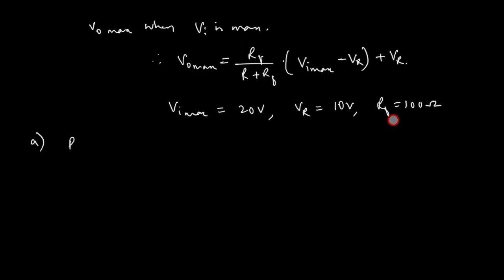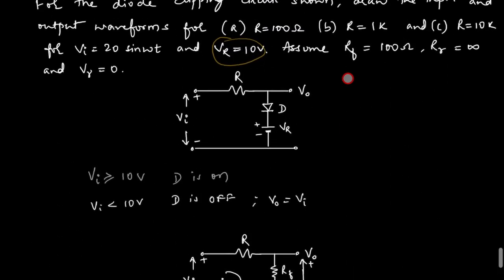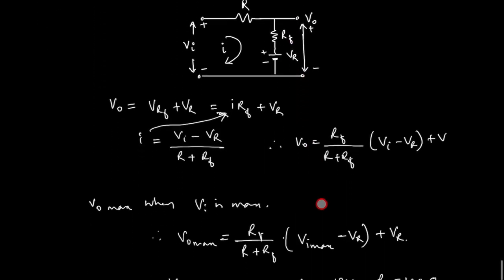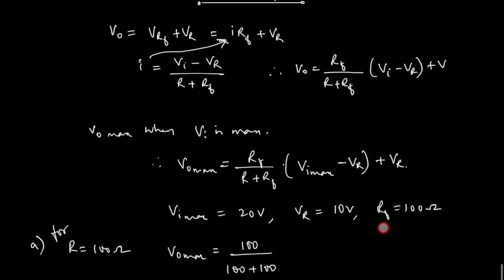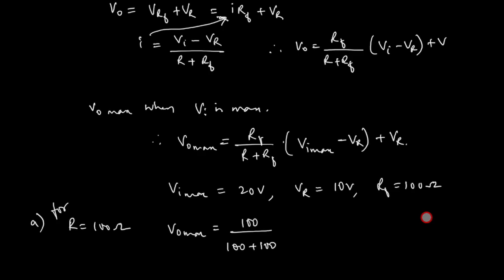So everything else required is written here. So we'll see the first case. For R equal to 100 ohms, what will be the output? Output max will be 100 divided by 100 plus R, and R is 100, it is already given in the problem, and RF is also 100.